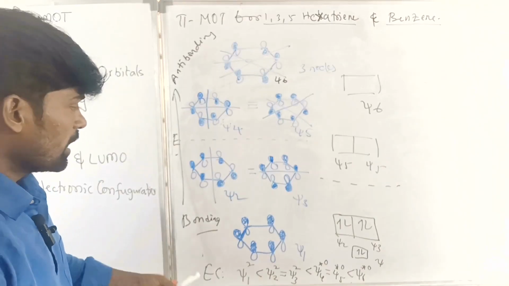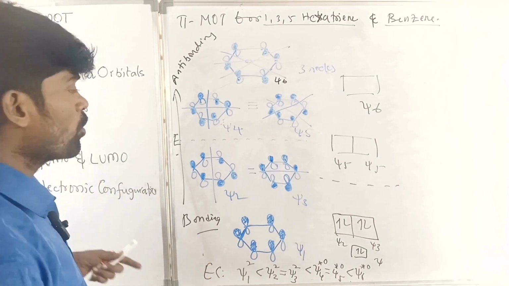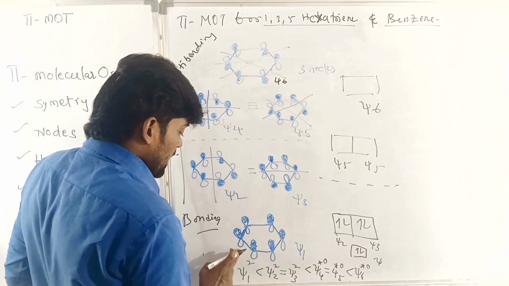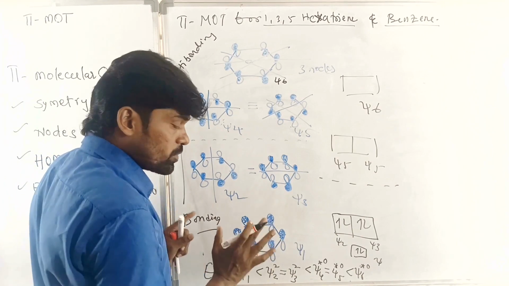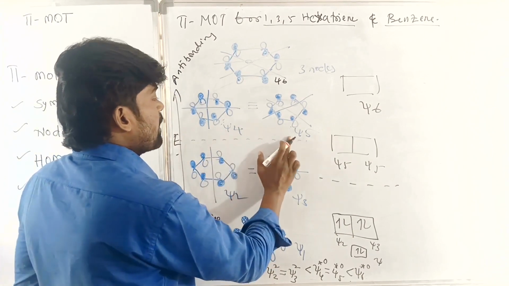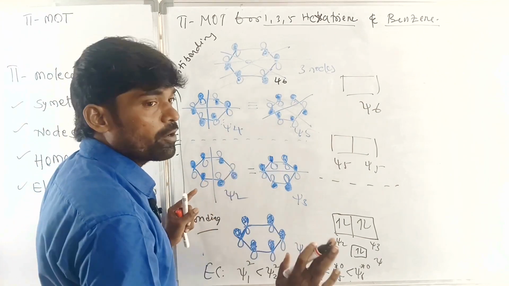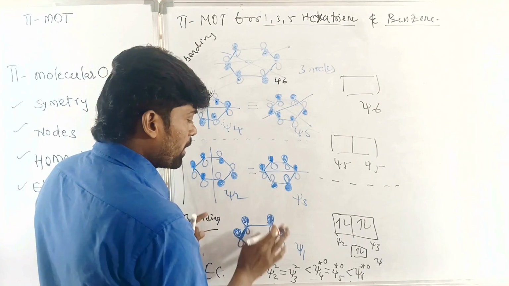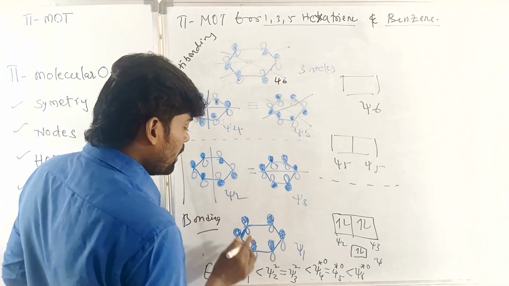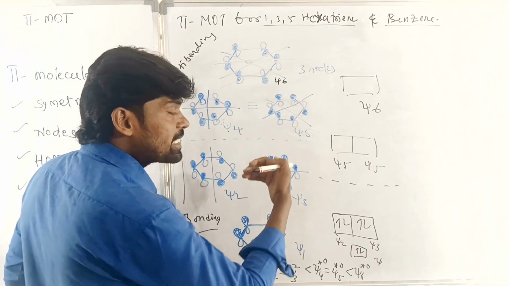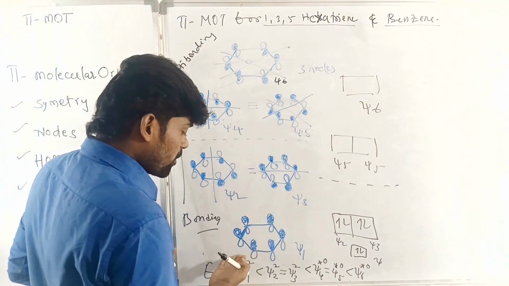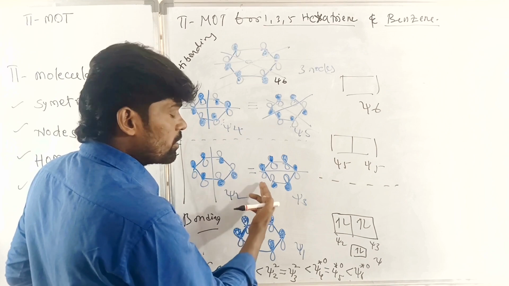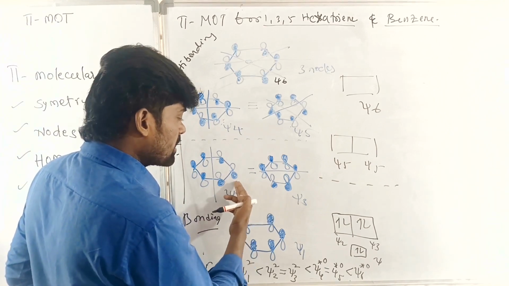Fine. Now let me tell you which orbital is HOMO, which orbital is LUMO. In this case, psi 1, psi 2, psi 3 are occupied with electrons. Psi 4, psi 5, psi 6 are not occupied with electrons, they are unoccupied. In this occupied level, psi 2 and psi 3 are the highest energy compared to psi 1, because these two are equal, so we have to consider both of them.